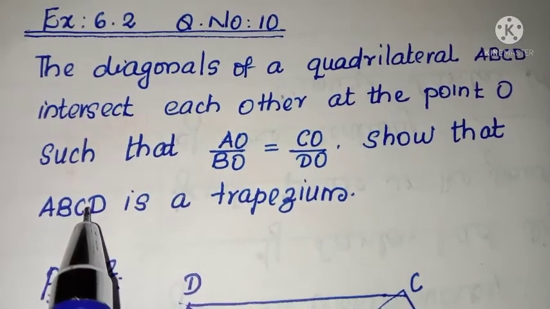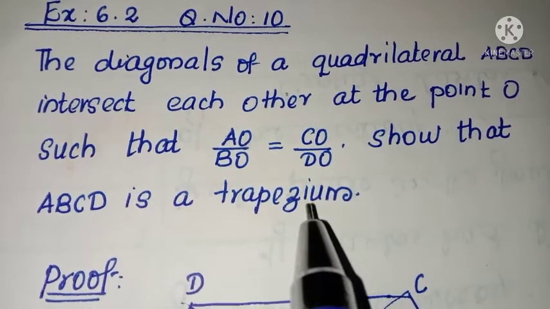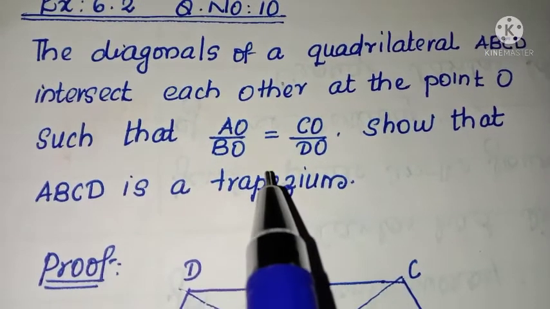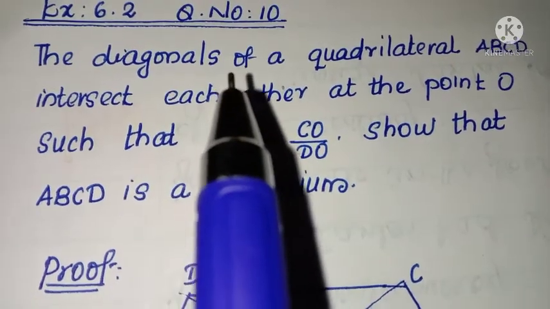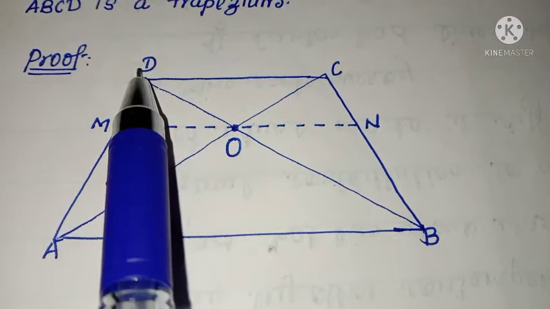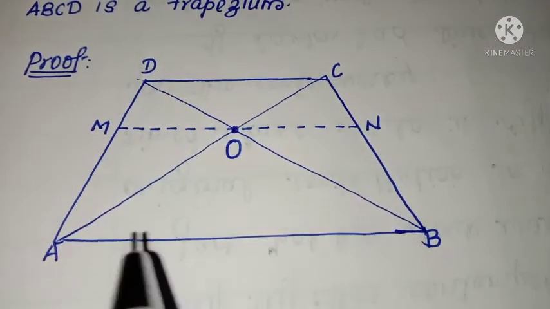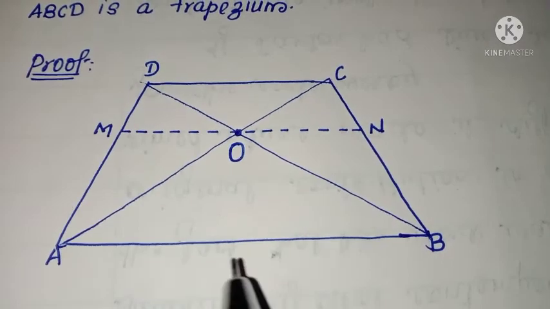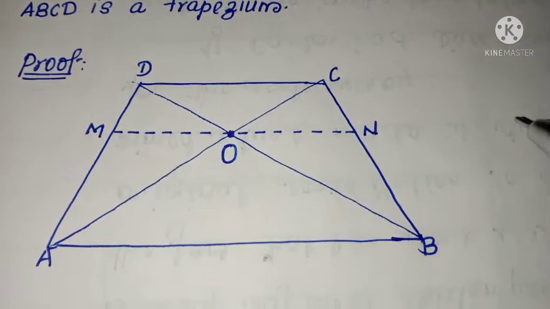Listen, to prove any quadrilateral is a trapezium, we need to prove that one pair of opposite sides are parallel. Okay. So, watch the proof. Now, listen the proof of the question. Suppose ABCD is a quadrilateral. Listen, ABCD is a quadrilateral and we have to prove this ABCD is a trapezium.